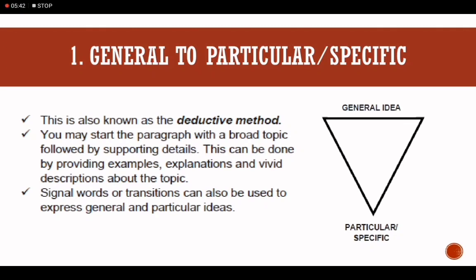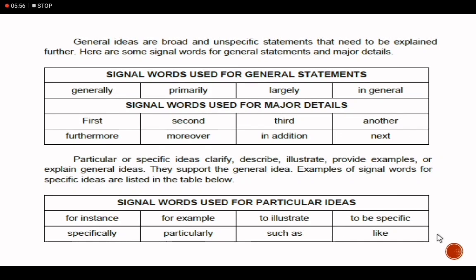Now, signal words or transitions can also be used to express general and particular ideas. So what are those signal words or transitional signals that we can use in this regard? So here is the list of the words that we can use to signal general statements: generally, primarily, largely, in general.